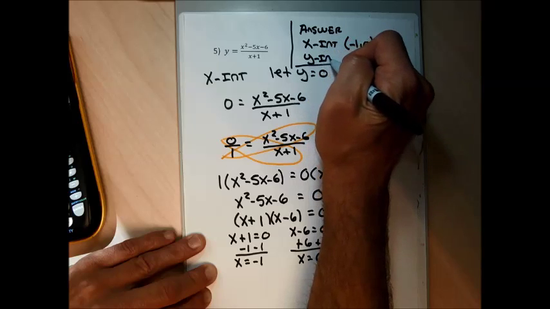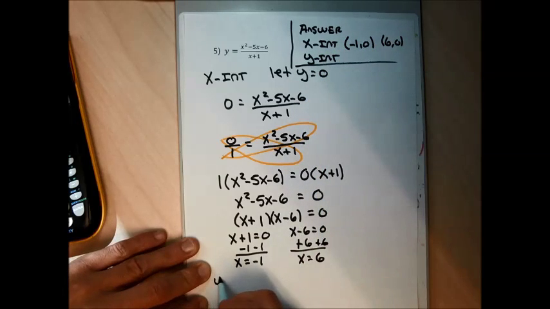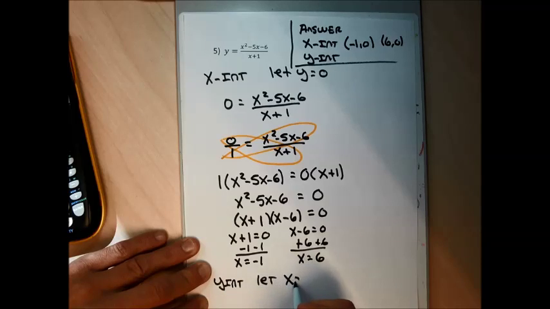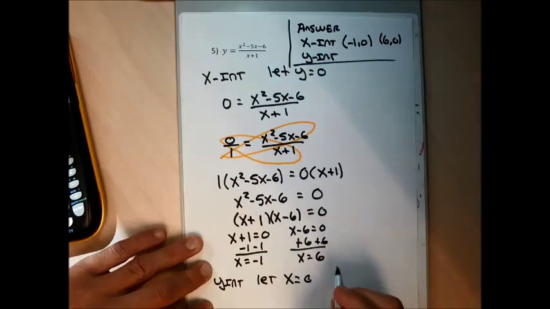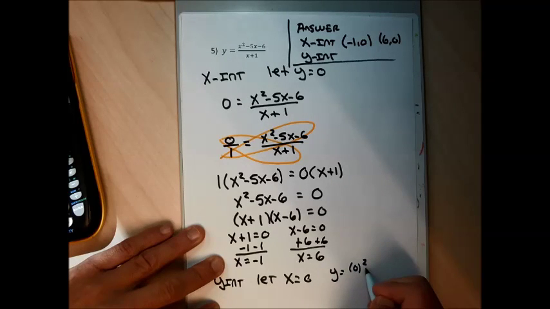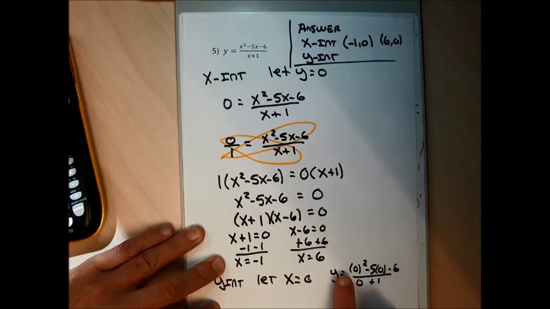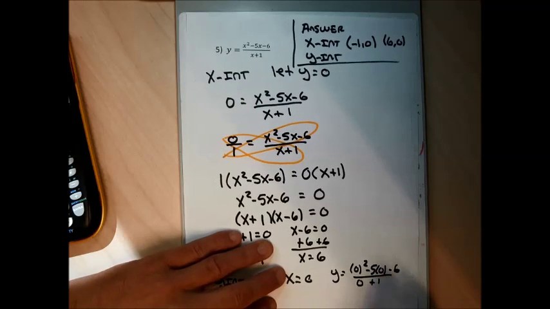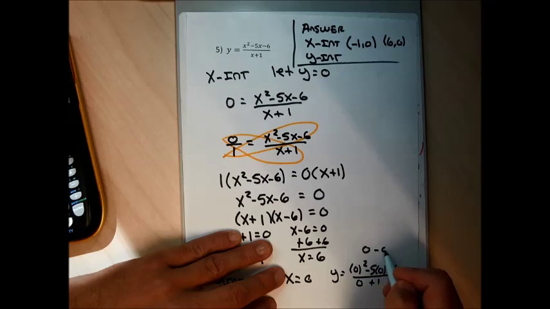I need to figure out the y-intercept, and for the y-intercept, I let x equal 0. Lots of zeros to plug in. I'll go y equals (0 squared minus 5 times 0 minus 6) over (0 plus 1). These two pieces in the numerator come out to be 0, so you get 0 minus 6.